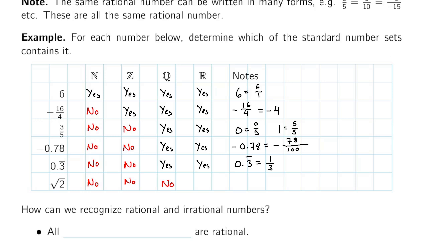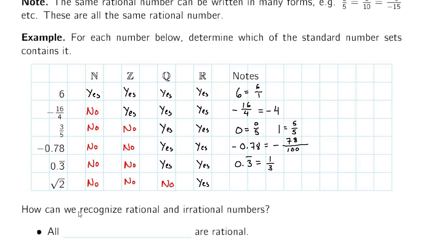But the square root of 2 is one of these numbers that we fill in when we fill out the real number line. So we can understand the square root of 2 as a distance, as a point on the real number line. We can understand it geometrically. So that is a real number, even though it's not rational.